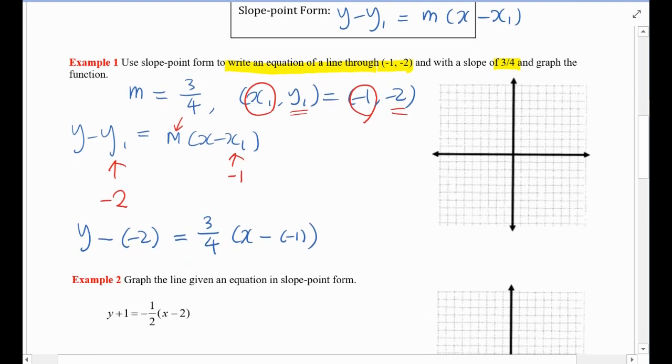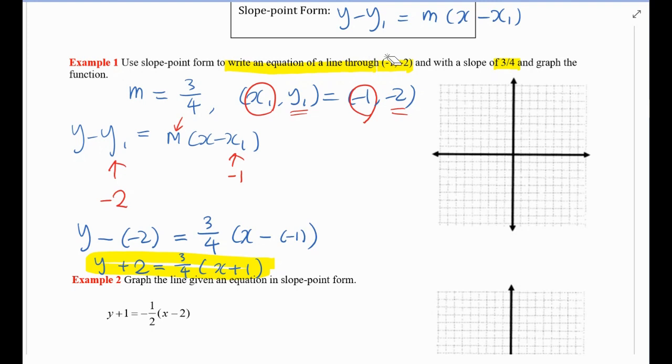Alright? Okay, then y minus minus becomes plus 2. And x minus minus becomes x plus 1. So this is the answer: y plus 2 equals 3 over 4 times bracket x plus 1.